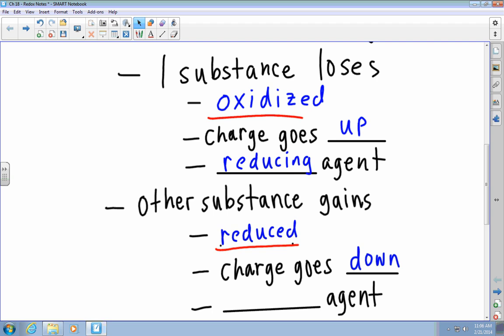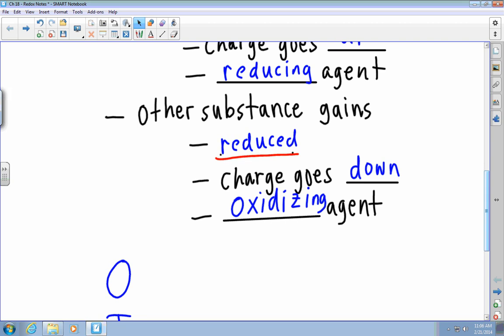So it's the agent that reduces something else. And the opposite's also true for the substance that is reduced. It's actually the oxidizing agent. Again, for the same reason, because the substance that is reduced oxidizes something else. So it's the agent that causes the oxidation of something else.